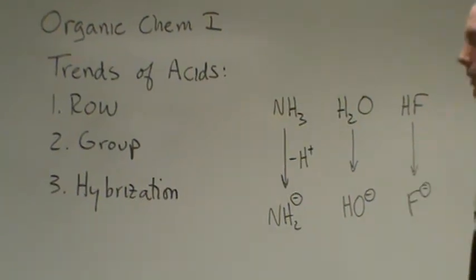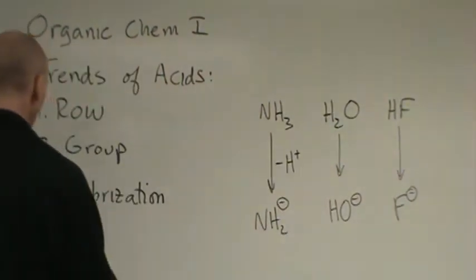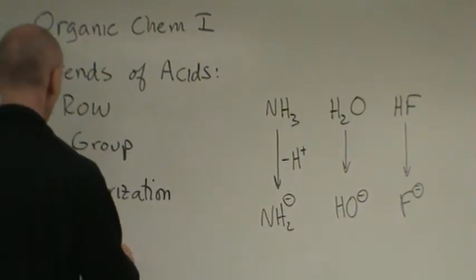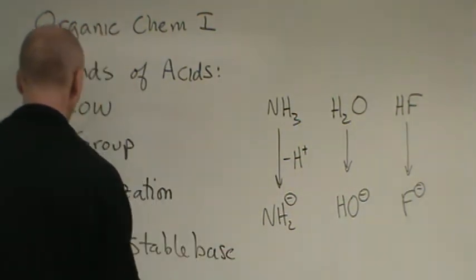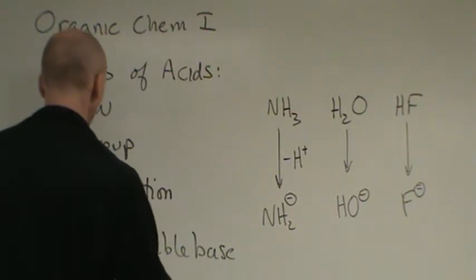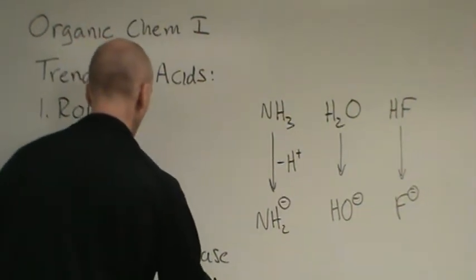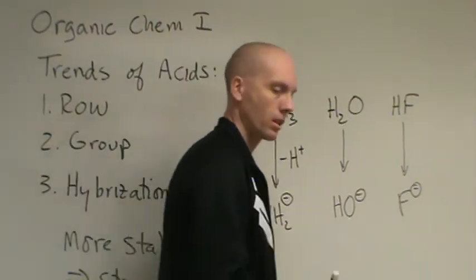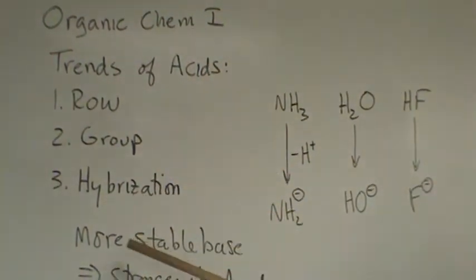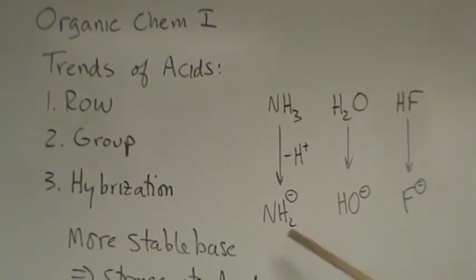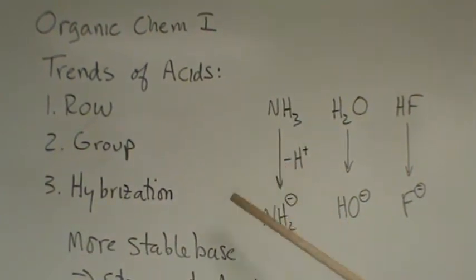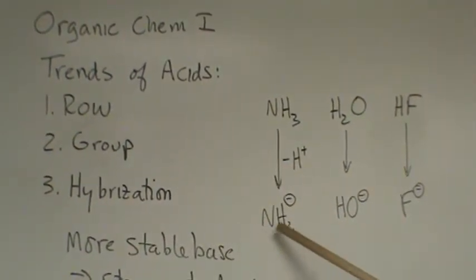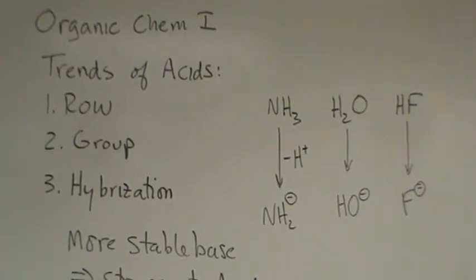And the rule is, the more stable this conjugate base is, the stronger its corresponding acid was. So what we want to do is figure out which of these three is the more stable base.